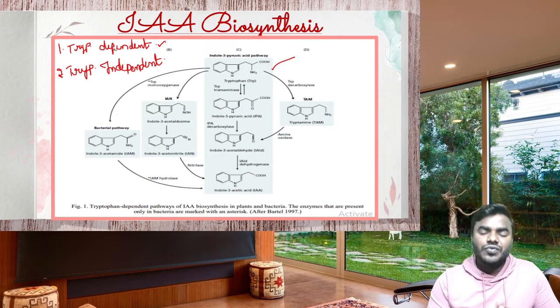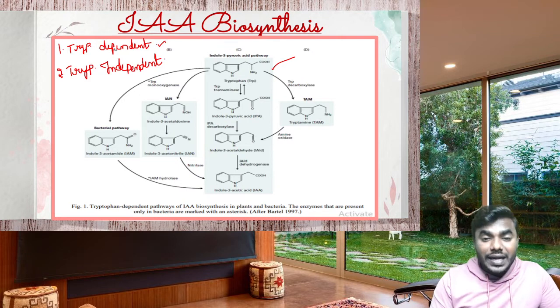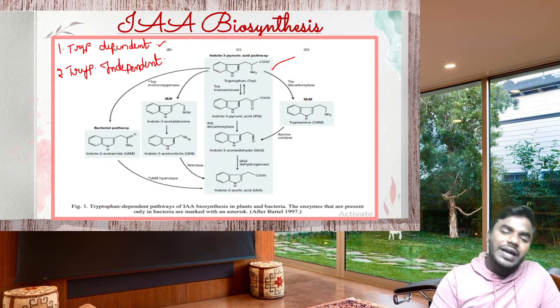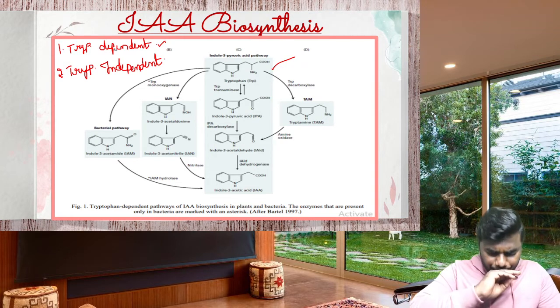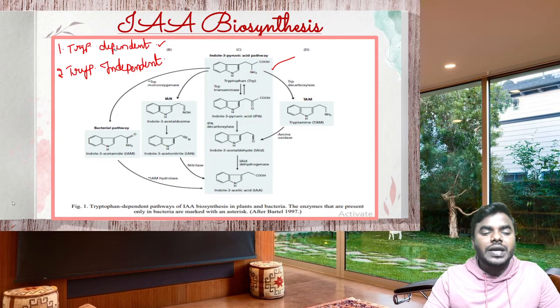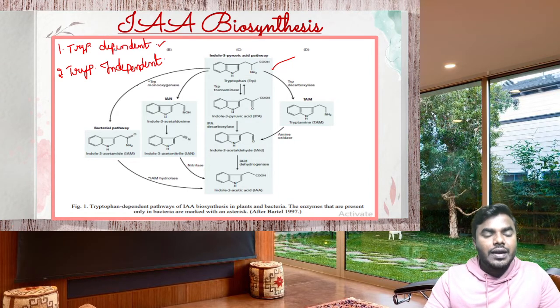You can ask me, first of all, sir, what do you mean by the words dependent and independent pathways? Dependent pathway, the name itself indicates, means tryptophan acts like a starting precursor molecule.